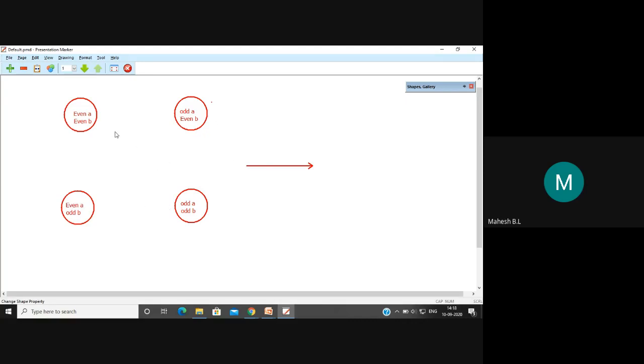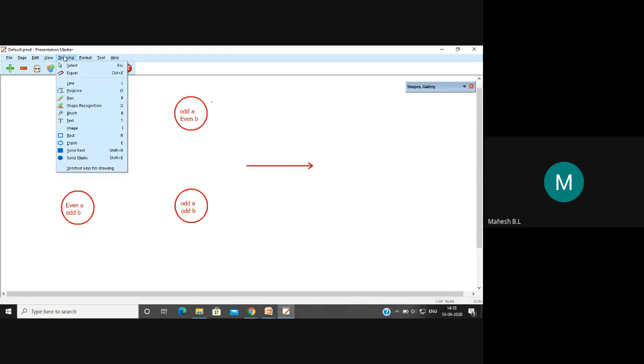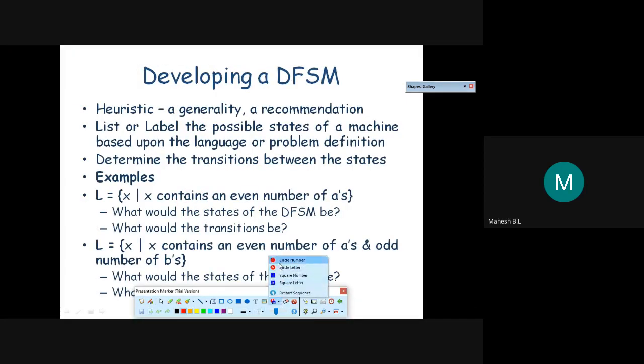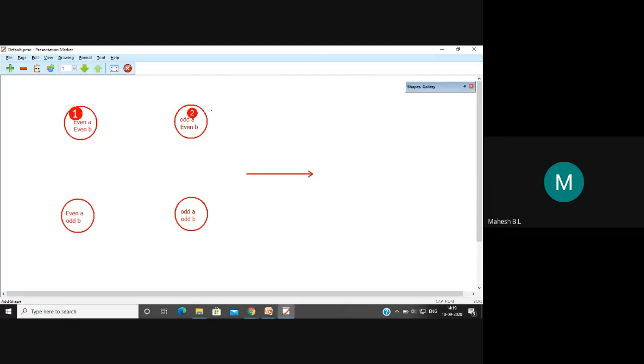You can use any name for the states. Right now you can see that I have named states according to the combination they are representing: even A, even B; odd A, even B; odd A, odd B; even A, odd B. For easier use, I'm going to rename them.